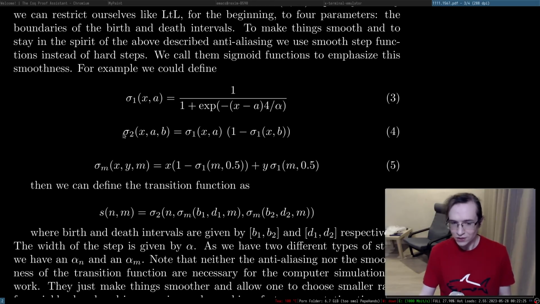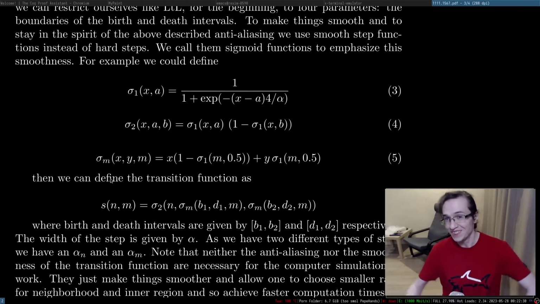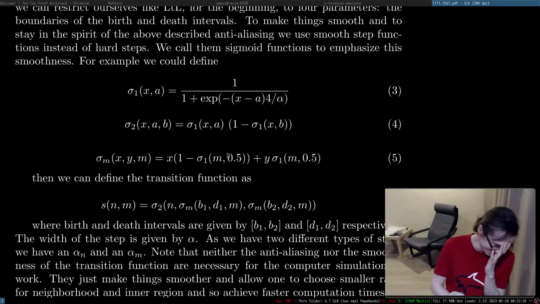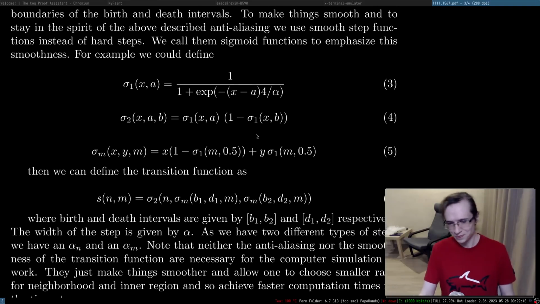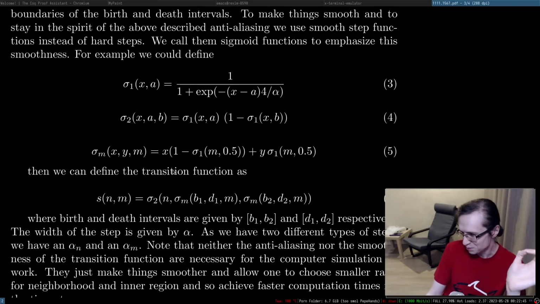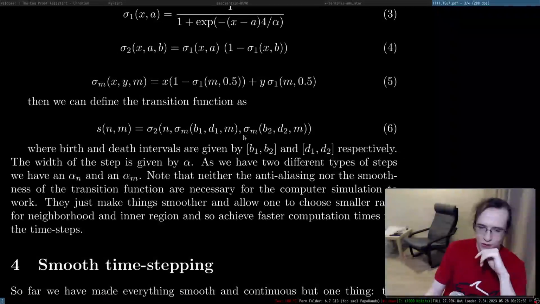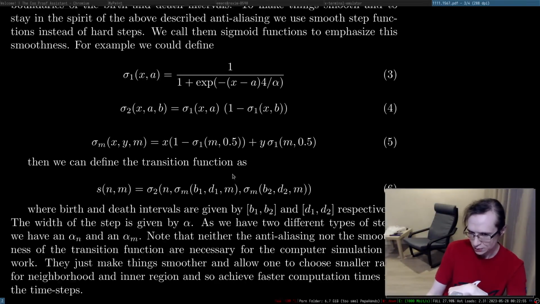We also have sigma m, and we also need to define sigma balls. So we have sigma m, and s, the transition function, is already defined in terms of, not really all of them, but sigma 2 and sigma m.